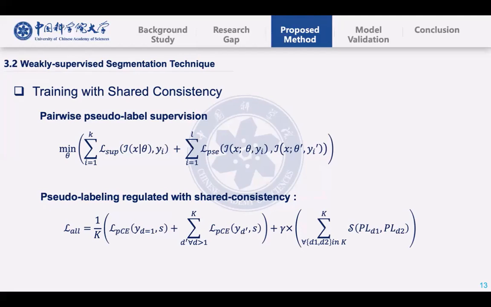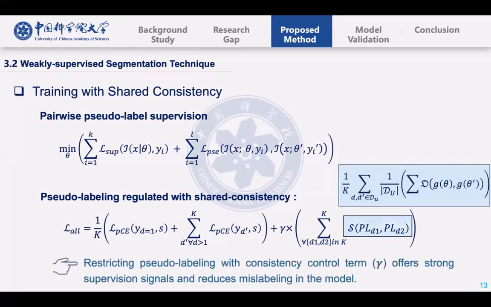This includes both the supervised component as well as the weakly supervised component. We also combine all this in the training process using a regulated shared consistency approach, whereby we have a consistency term used to reduce the perturbations that exist amongst the several decoders.